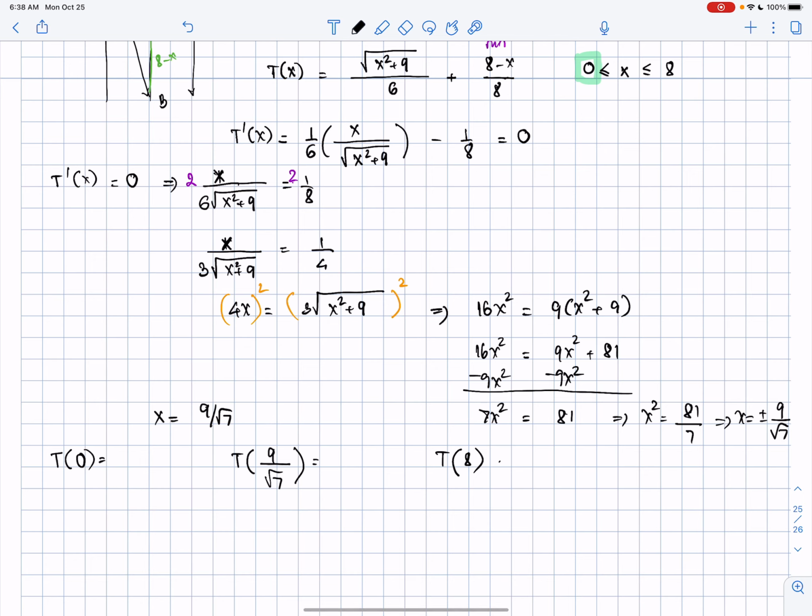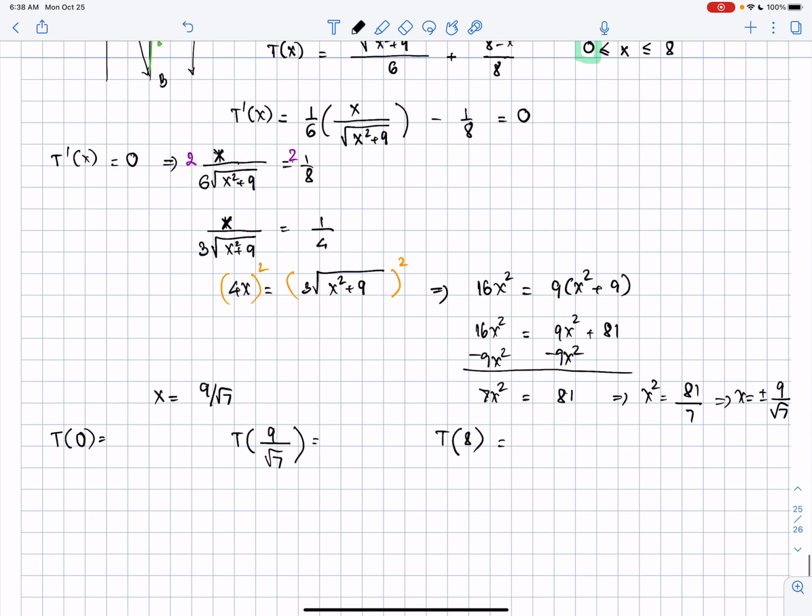For these three values, we can see that the first is 1.5. Then we have 1 plus the square root of 7 over 8, so we get about 1.33. And the last one, the square root of 73 over 6, is about 1.42.